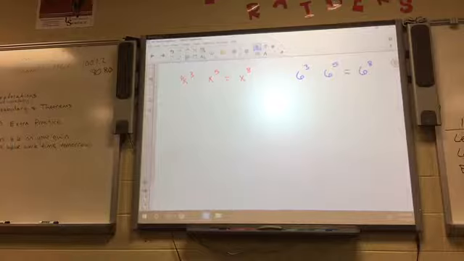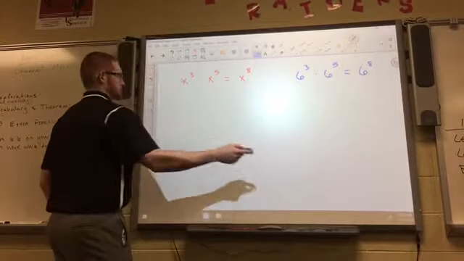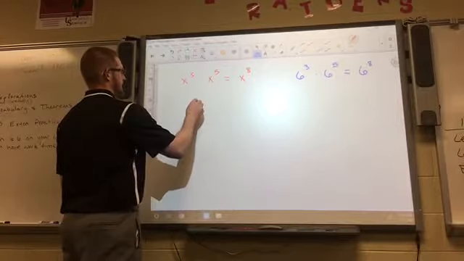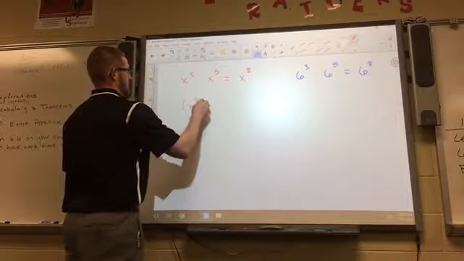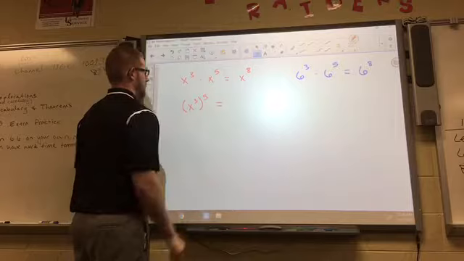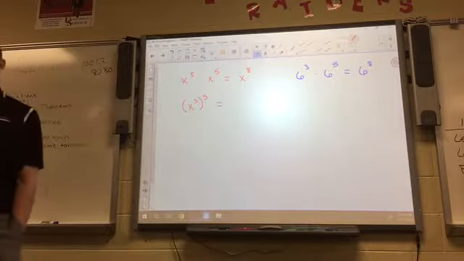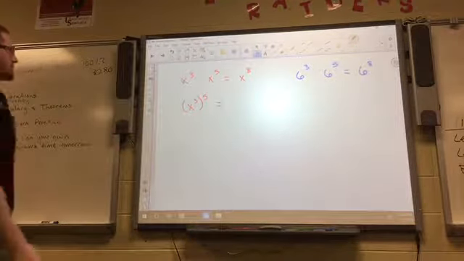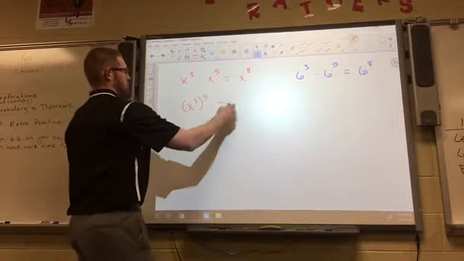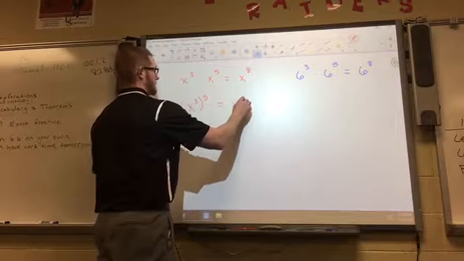So the next one is power of a power. Again, we just went over some of these. If I have x to the 3rd to the 5th, what do you do with those two exponents? I multiply them. Power raised to another power, so it would be x to the 15th.